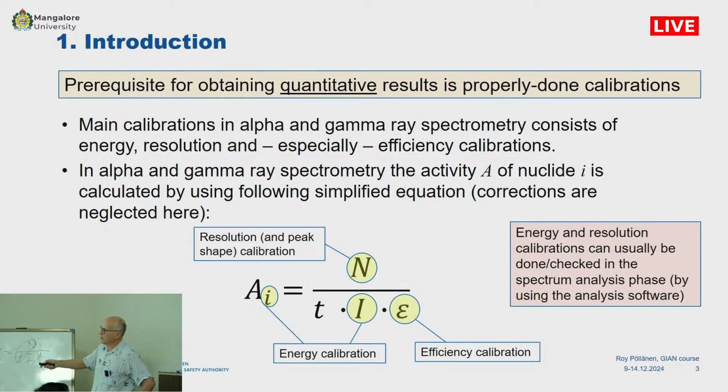I mean, you have to identify the nuclide I in question, and you have to find out data from the nuclide library. And of course, this refers to efficiency calibration.